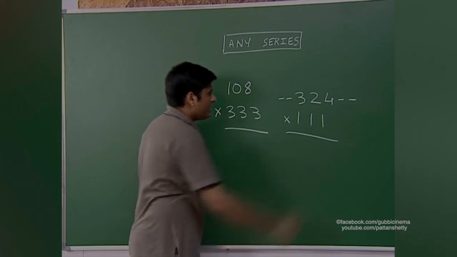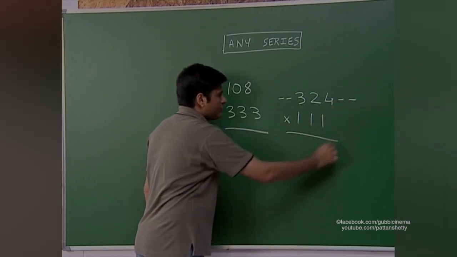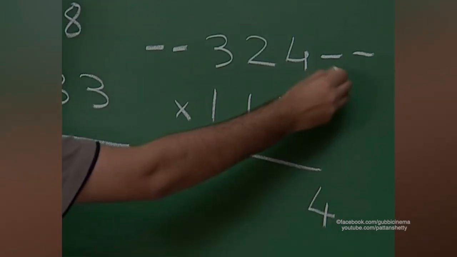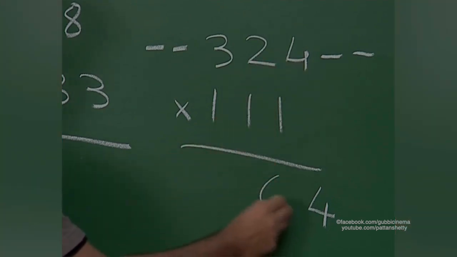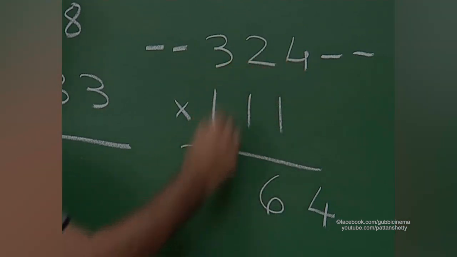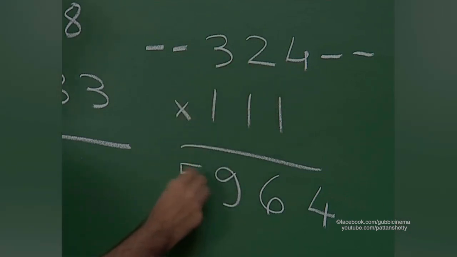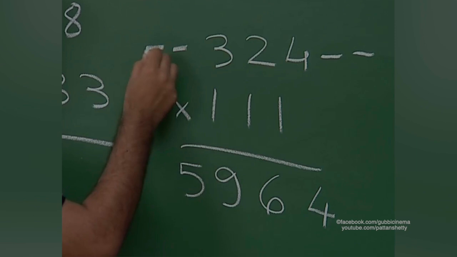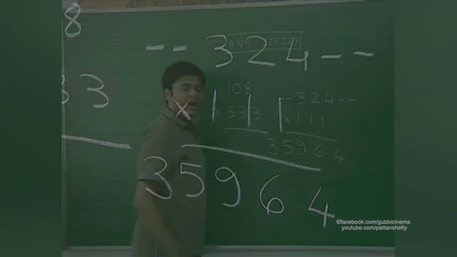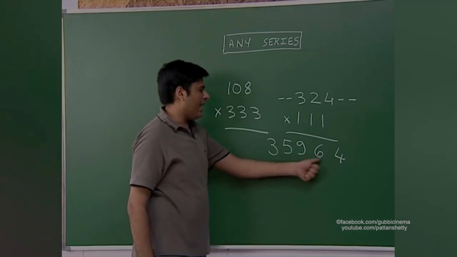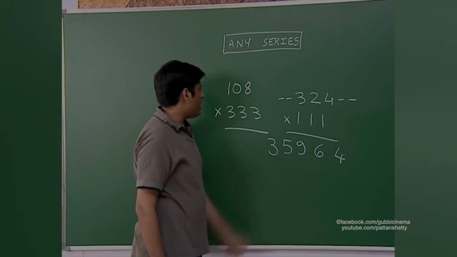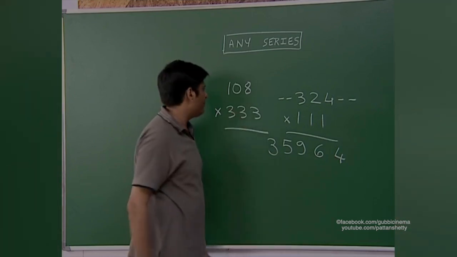So let us check. Dash plus 4, 4, dash plus 4 plus 2 is 6, 4 plus 2 plus 3 is 9, 2 plus 3 plus dash is 5, 3 plus dash is 3. My answer is 35,964, which I can apply to this question also.